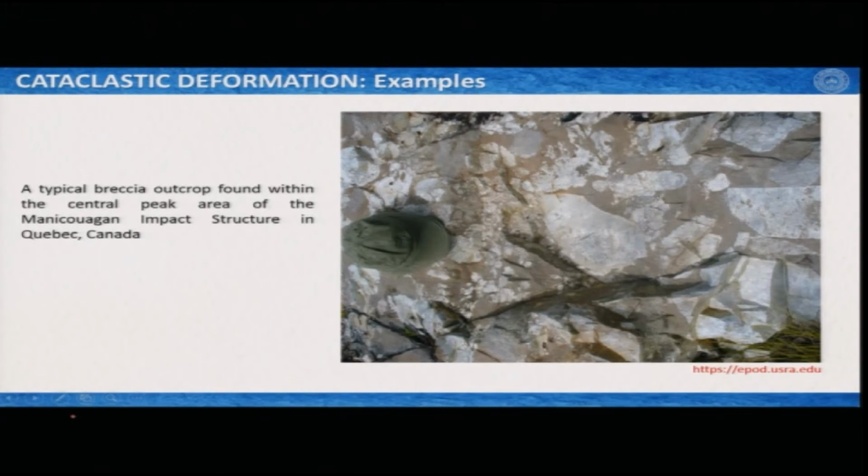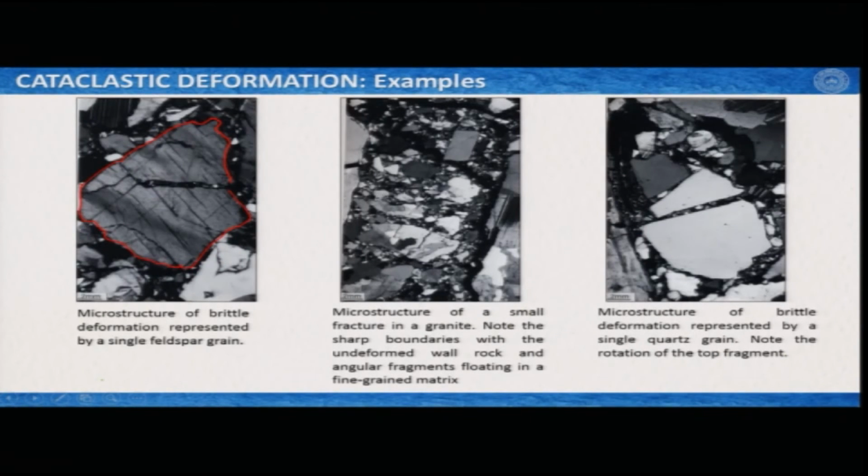And these are the cleavages of these grains, you can figure out, and you can see this grain is characterized by some sort of fracturing here, here, here, here, and so on. So, these are characteristics of cataclastic deformation.